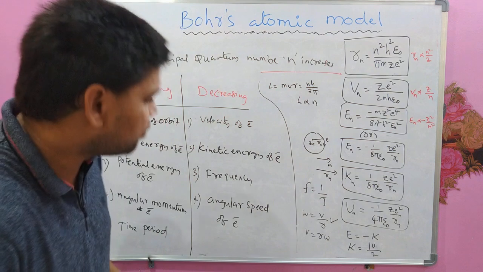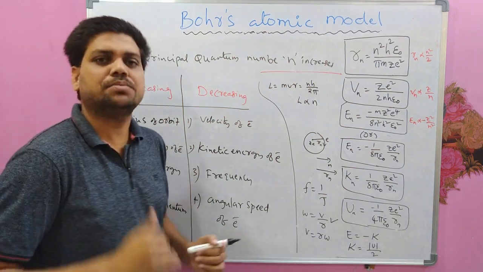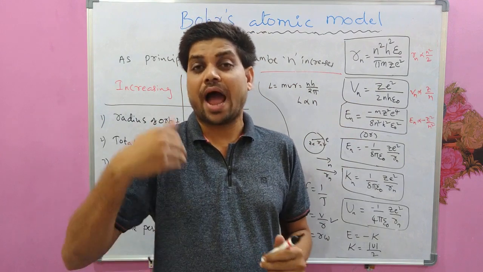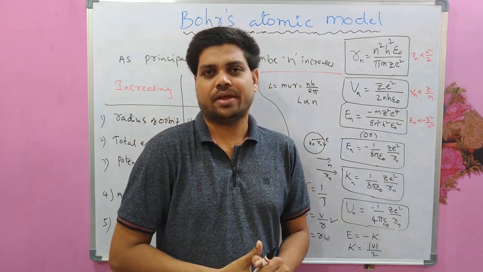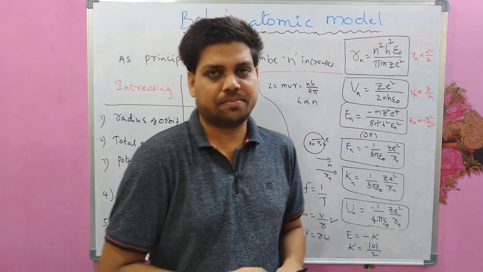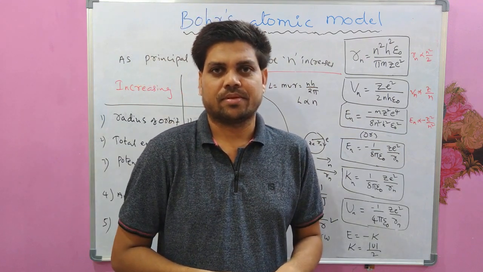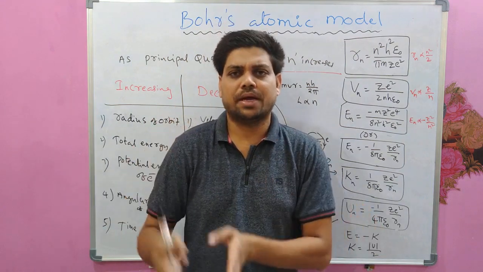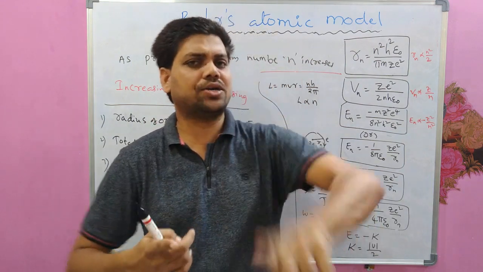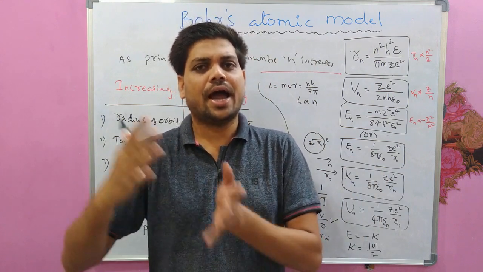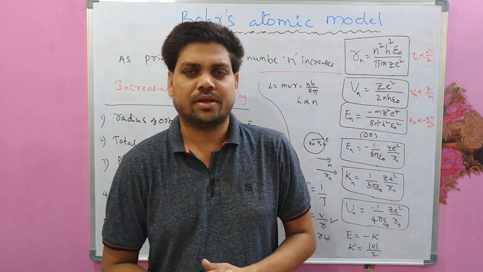Okay, so now we will see how this Bohr's atomic model is applicable to the hydrogen atom, and then we will see the spectral series of the hydrogen atom. Basically, Bohr's atomic model is applicable for hydrogen and hydrogen-like atoms.